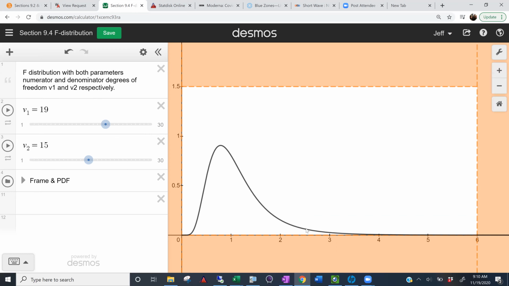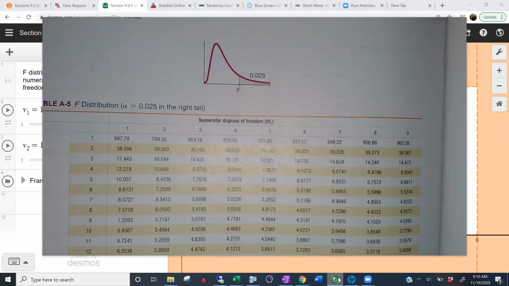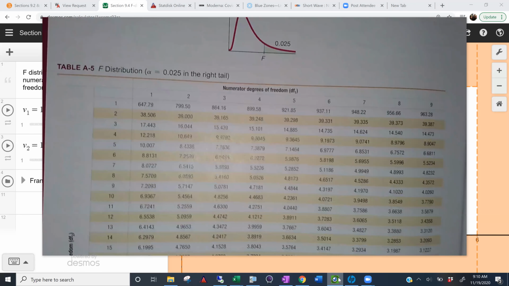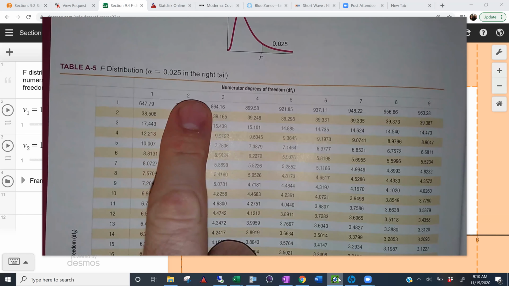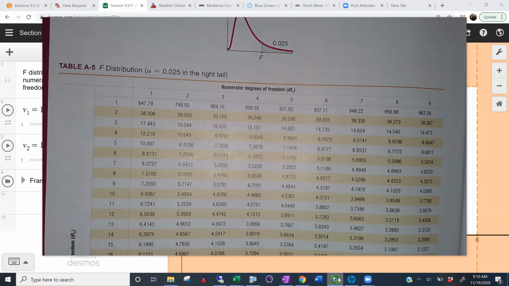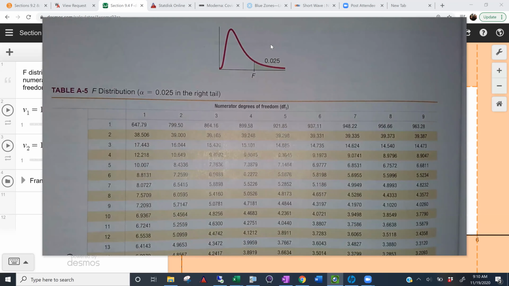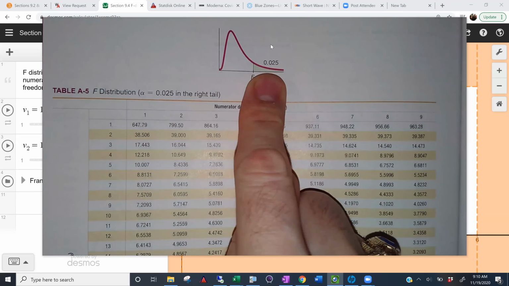But the problem for early mathematicians and statisticians is that getting these numbers wasn't as easy as it is for us modern statisticians. To work with the F distribution, you'd have to have tables, lots of them. So there's 4 pages of tables. And because these tables were such a pain, they only decided to work with the right tail.